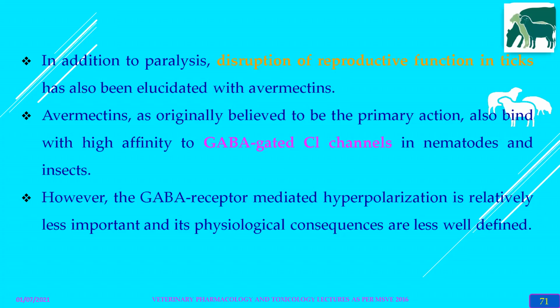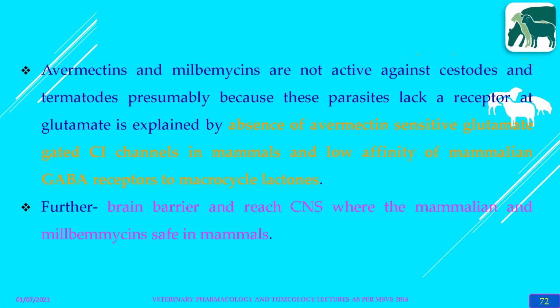However, the GABA receptor-mediated hyperpolarization is of minor importance. Ivermectins and milbemycins are not active against cestodes, as already told. The reason is that cestodes lack the receptor at glutamate, and there is an absence of avermectin-sensitive glutamate-gated chloride channels in mammals, and the mammalian GABA receptors have a low affinity to macrocyclic lactones.